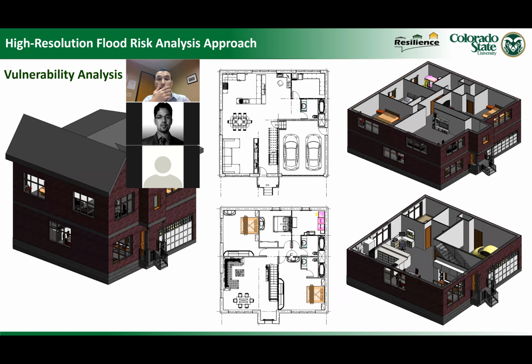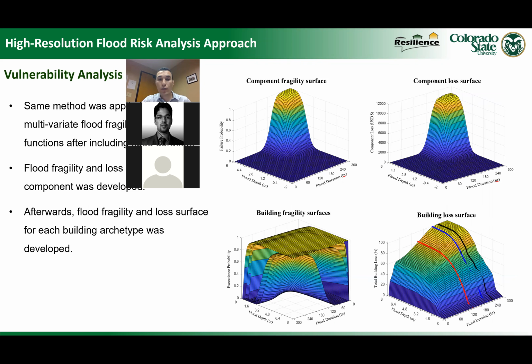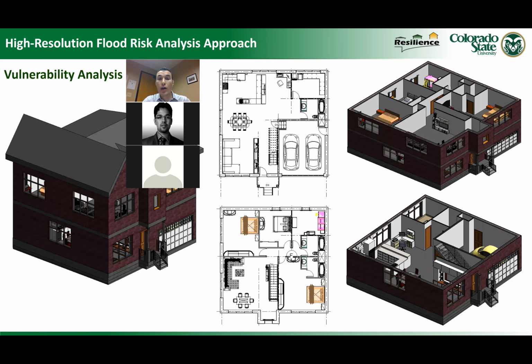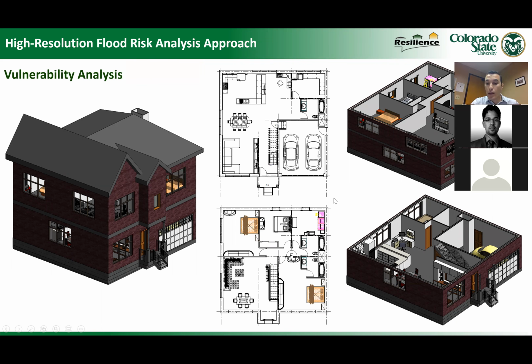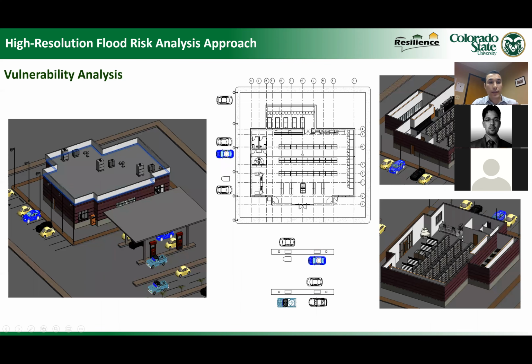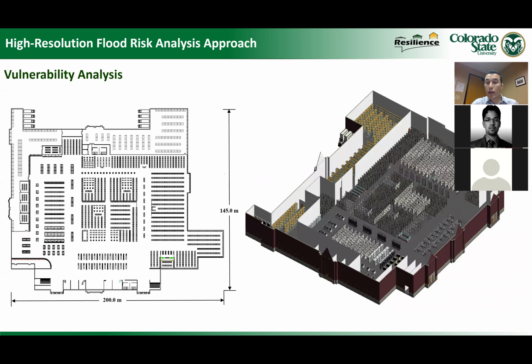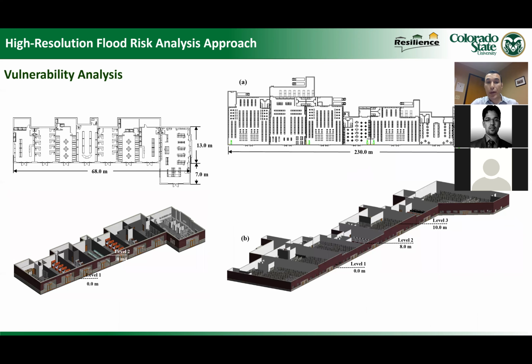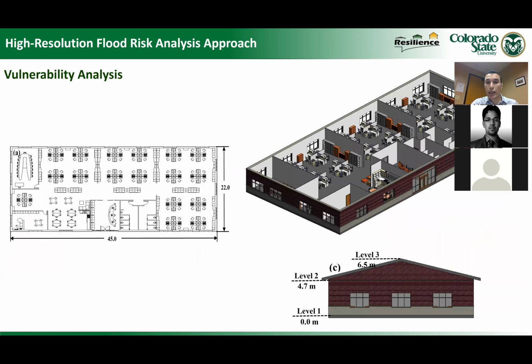We applied this method for all the building archetypes. This curve is only for archetype F1, which is a 2-story residential building on a crawl space foundation. And we also applied it for a gas station with a convenience store, a super shopping center like Walmart in the US, strip malls and multi-business buildings, an office building, and schools.